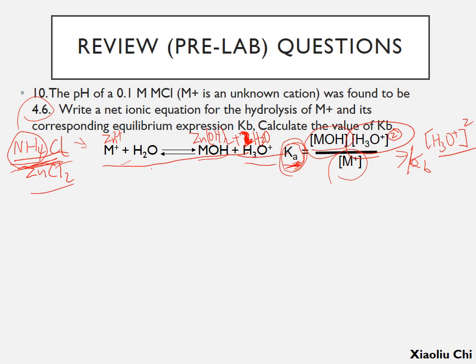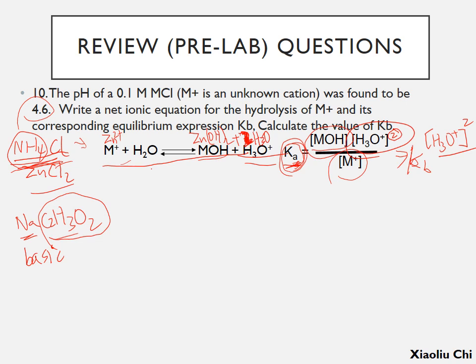So the next question is, how do you calculate for a salt with a strong base and a weak acid, for example sodium acetate? Okay, so this comes from a strong base, and this is a weak acid, so the solution should be basic. And we know the real reason is this anion hydrolyzes back to the acid and generates hydroxide.